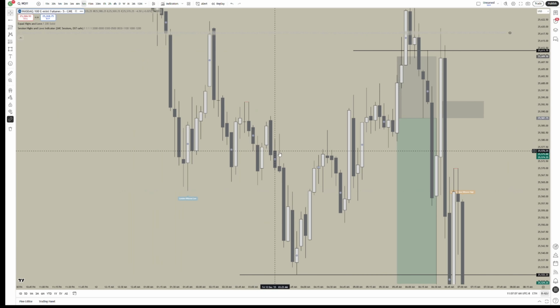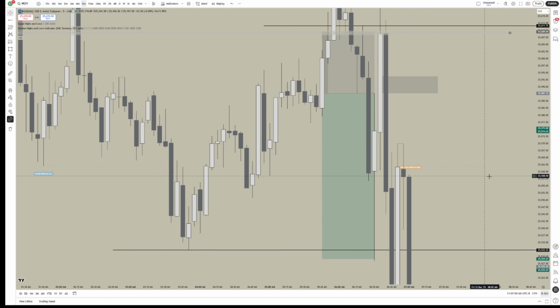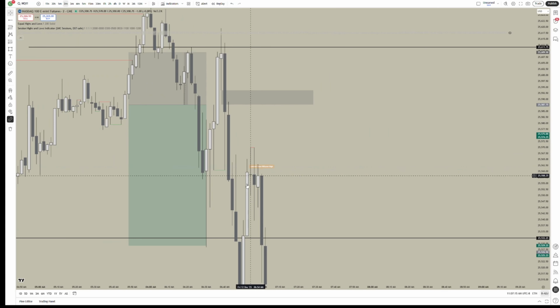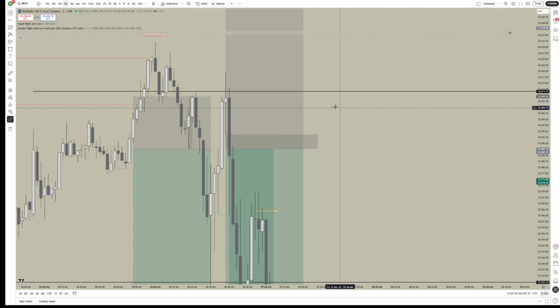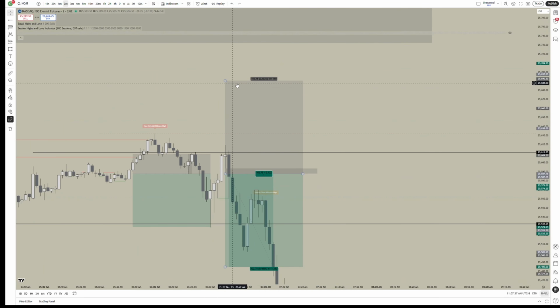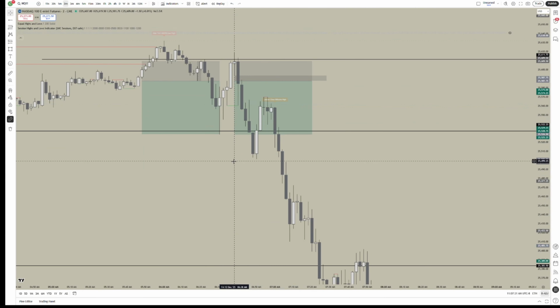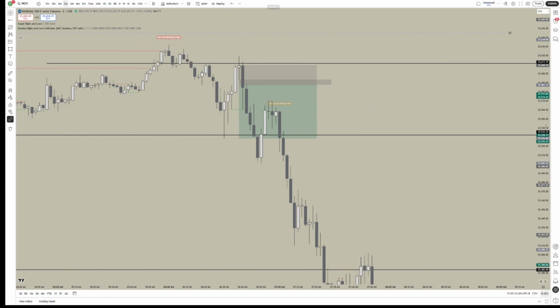Let me try to show you guys like this. This was the candle. We created equal 5 minute lows, swing lows, which is right here, as you can see. So I got my entry in right around there. I put a limit sell order right at the entry, and then I put my stop at this swing high right here. So I had really good risk reward, and then I traded to that swing low.